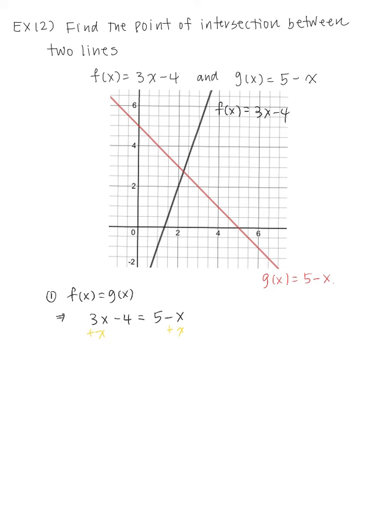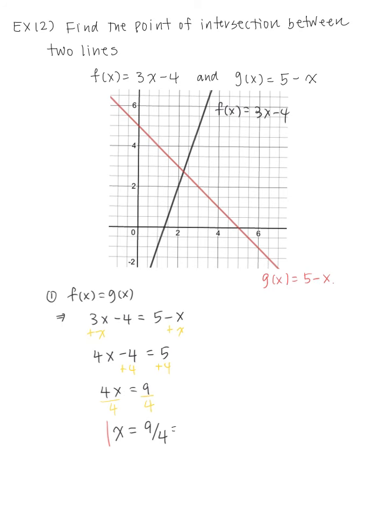Here you're going to have 3x plus 1x, which is 4x minus 4 equals 5. Now I'm going to add 4 to both sides. Then you have 4x equals 9. Now dividing by 4, our x coordinate is going to be 9 over 4.